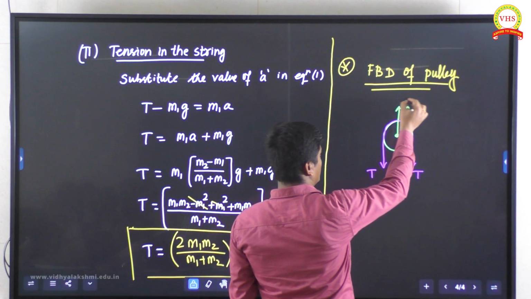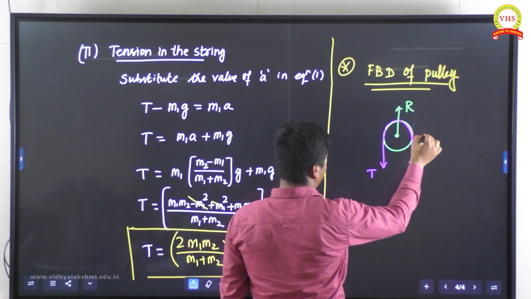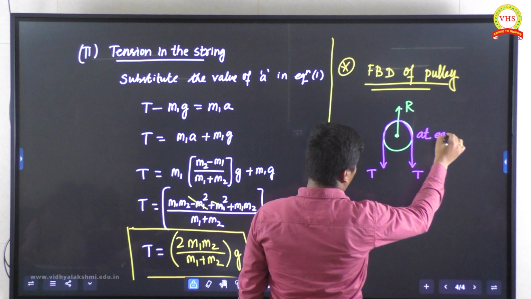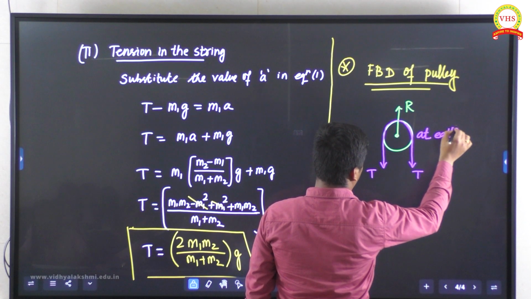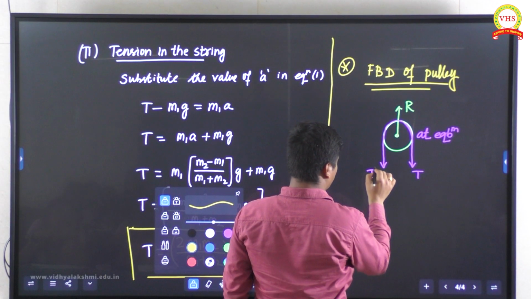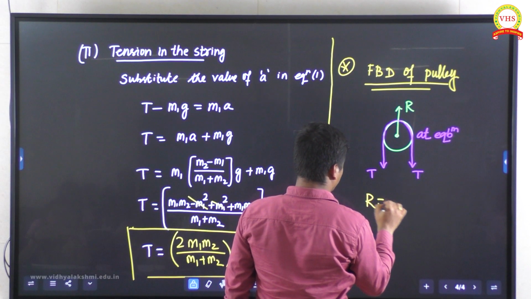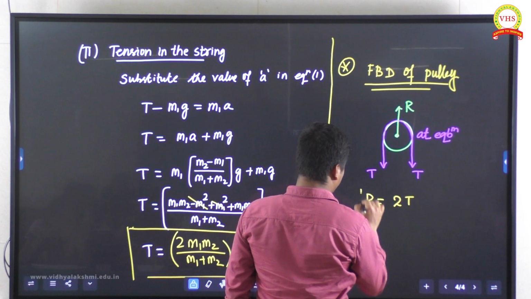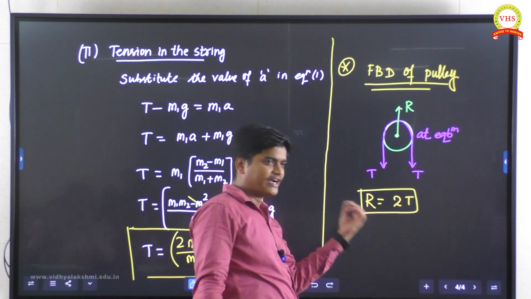Now this support R basically keeps the pulley in equilibrium. Remember, pulley is in equilibrium. So I can write R equal to nothing but 2 times T. Already you know the tension.